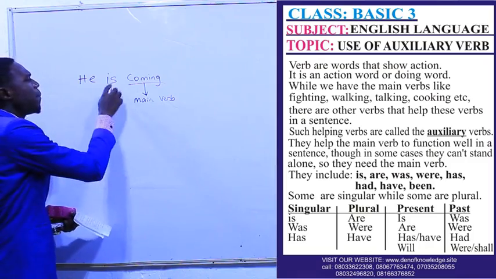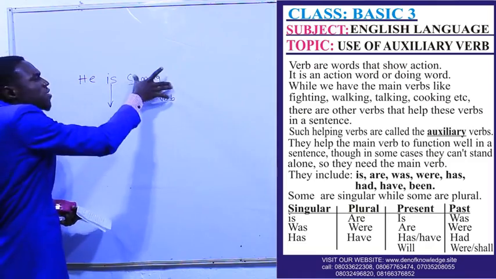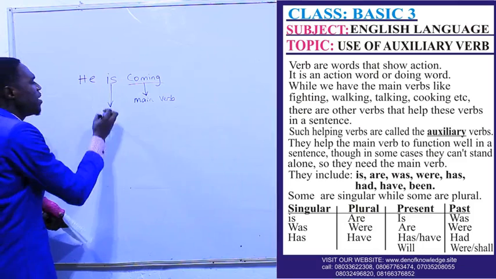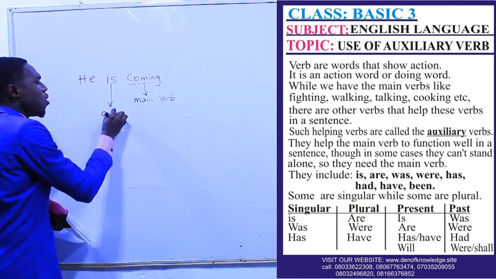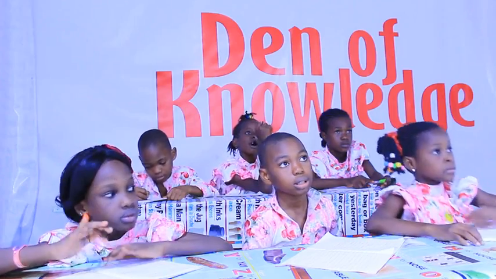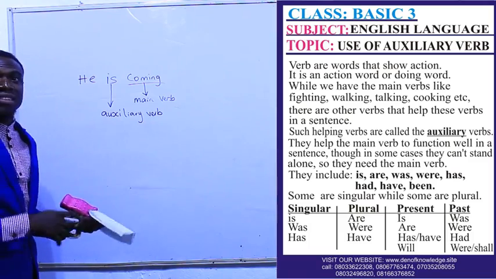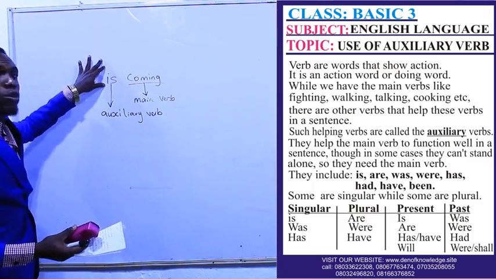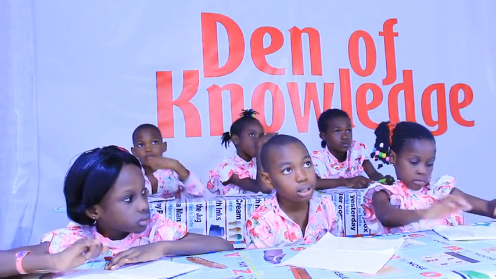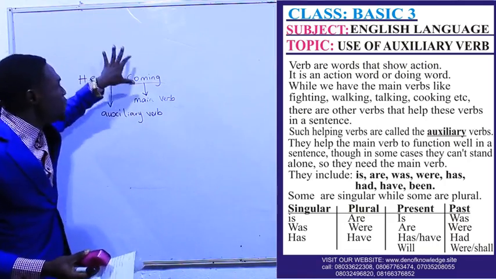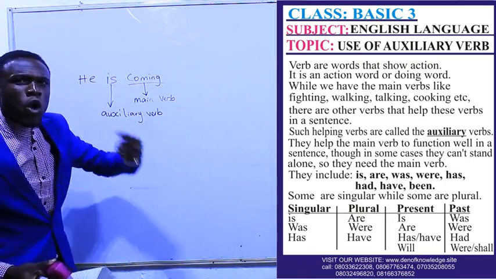Mind you, it is a verb because it supports this one to function well. That is why is is what? An auxiliary verb. I hope you now get what an auxiliary verb does in a sentence. It helps, it supports this main verb to function well.